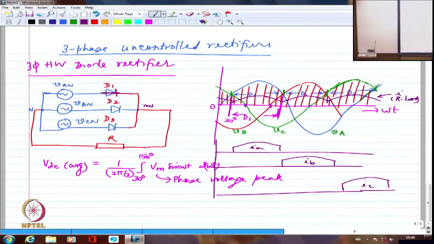And one more thing is, without neutral, I can't work with this rectifier. Most of our industries will have only 3 phases coming in. You will hardly ever see a neutral. If the neutral is not there, you can't use this kind of half wave rectifier. So it is hardly ever used in any of the industries.